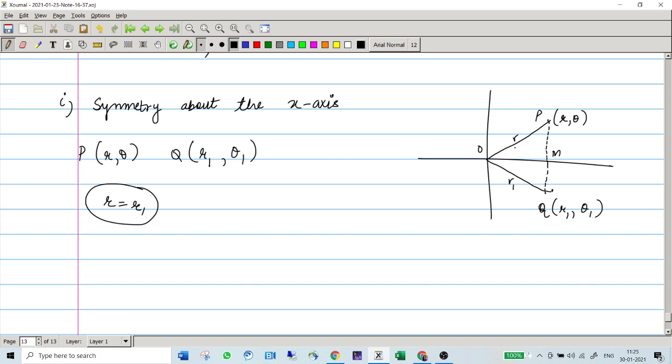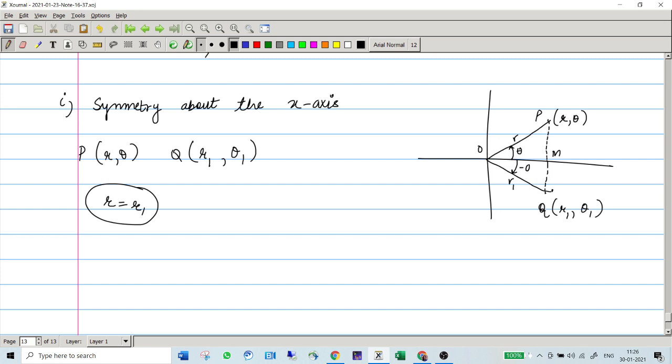And moreover, this angle, as much as it is above the x-axis, it should be as much below the x-axis. This is what you can feel because of the mirror images kind of thing. So how many units it is traveling from the positive direction of the x-axis, that is equal to theta. And how much should this be below the x-axis? Theta units in the opposite direction.